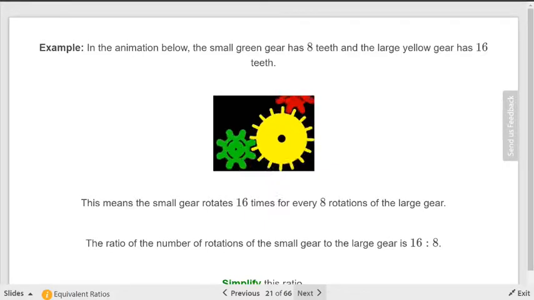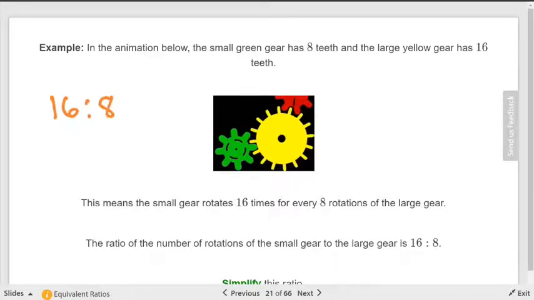The ratio of the number of rotations of the small gear to the large gear is 16 to 8, right? That's the small one versus the large one. And again, they're talking about the rotations, not the number of teeth, even though it happens to be the same in this case. So simplify this ratio.